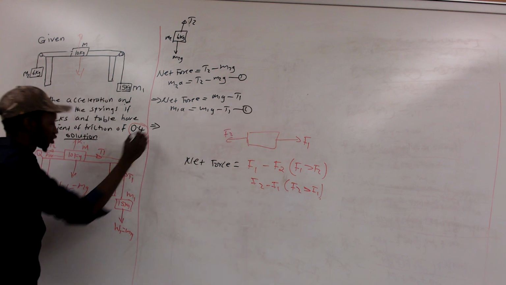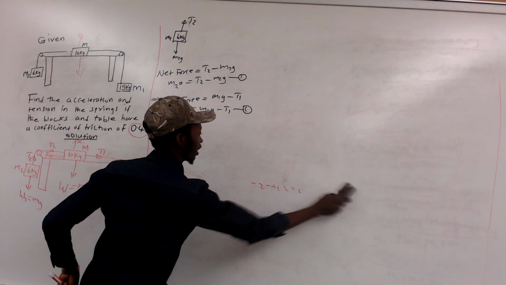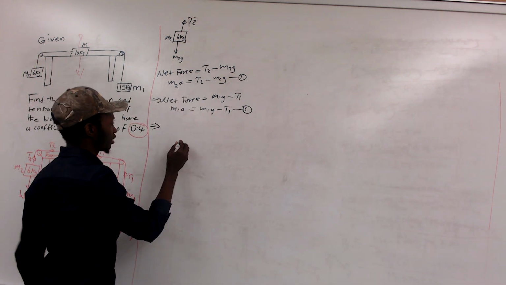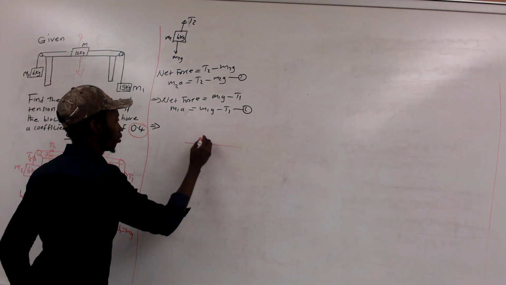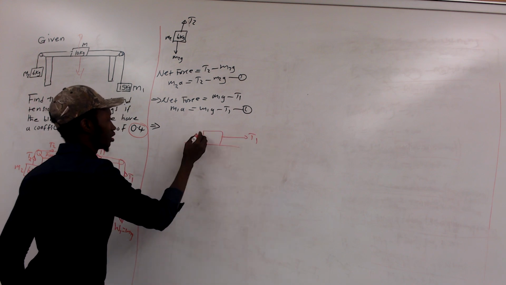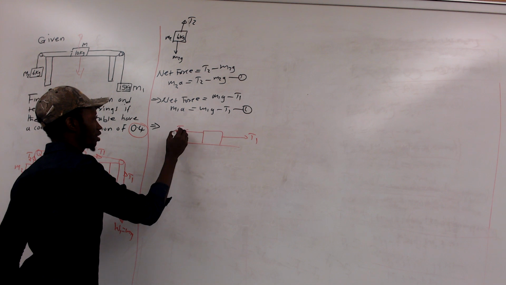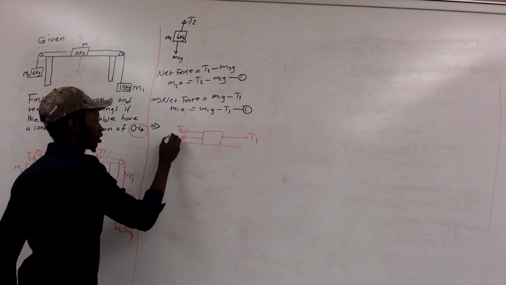We also consider this block. Let's draw it so we can see it clearly. This is the block given. We have the block placed on top of this table. We have the tension T1, T2, and we also have this force, the drag force.